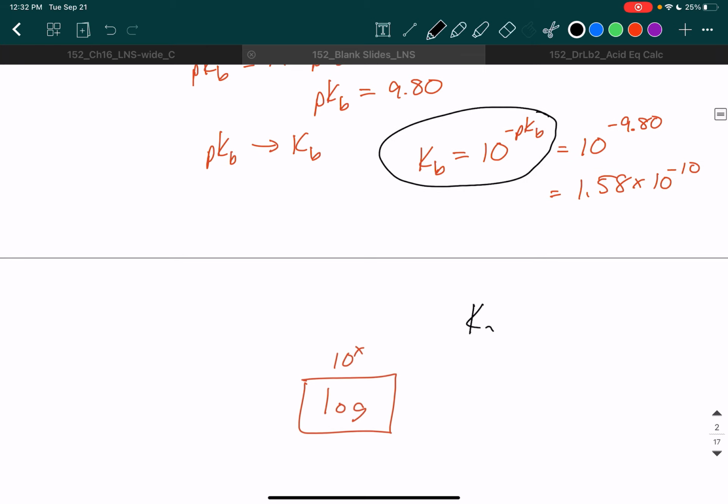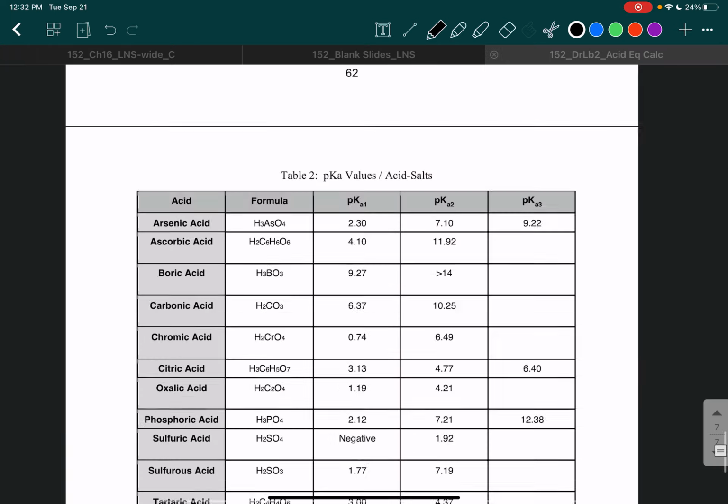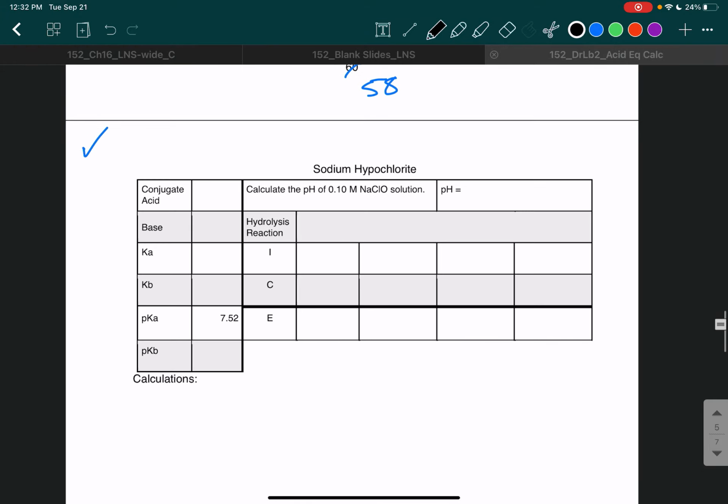So Ka is 10 to the minus pKa. So I did talk about enough to fill out these tables here. You're just doing negative logs versus 10 raised to a value.